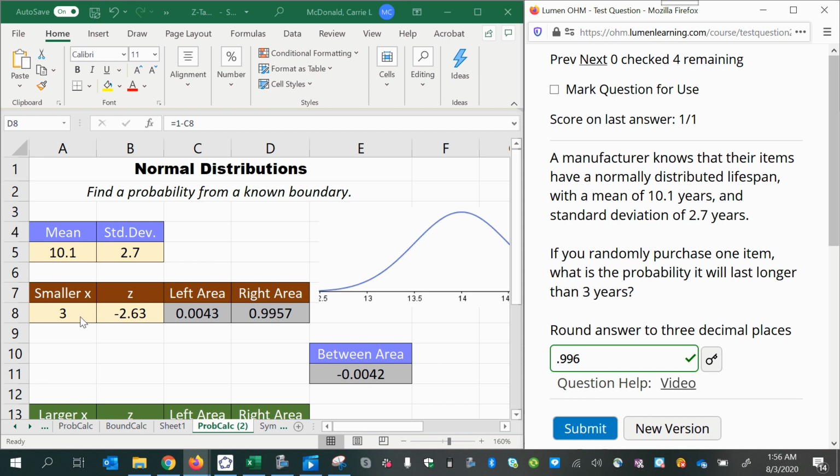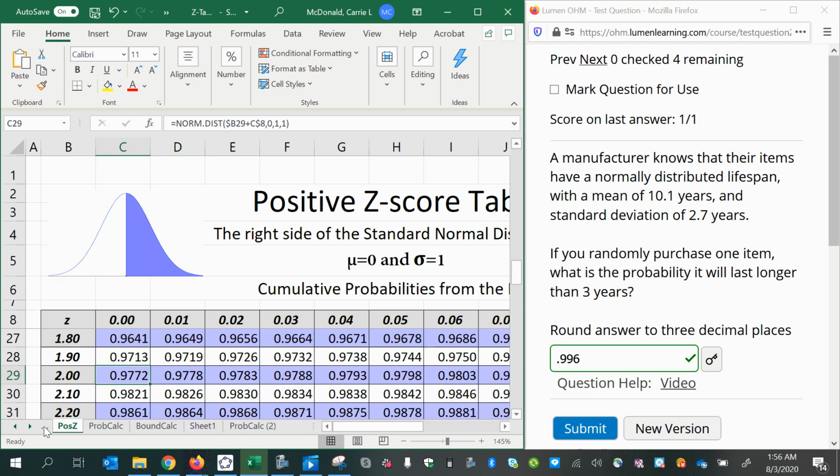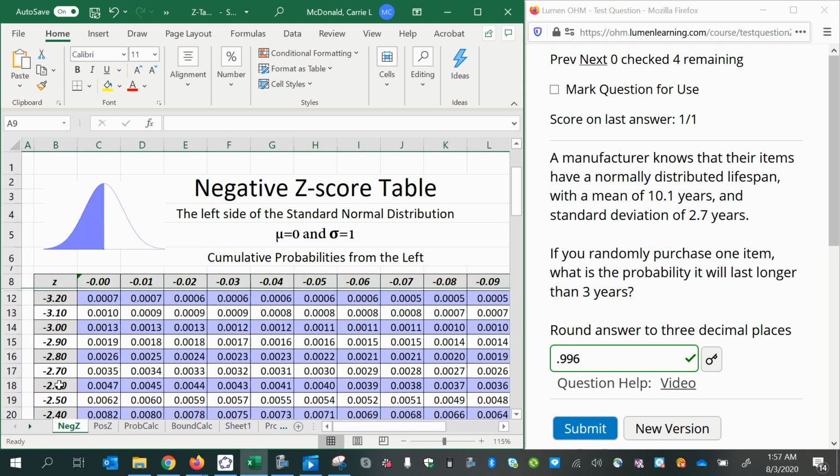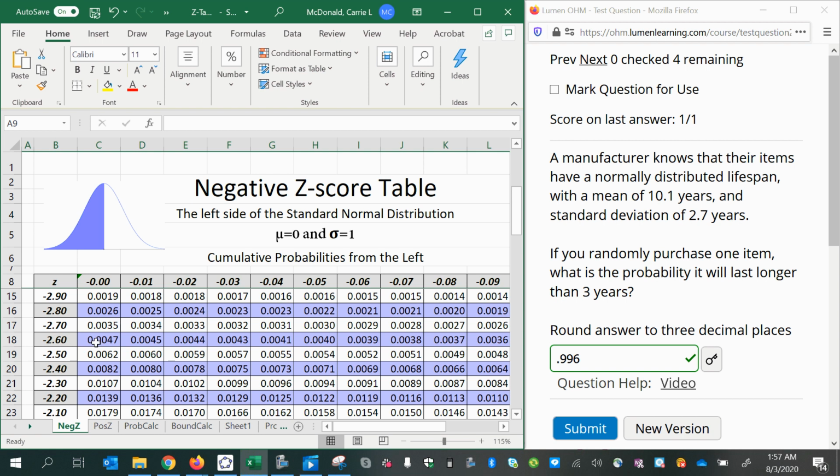Notice I could have gotten this by taking that z-score, negative 2.63, and looking it up in the z-table for negative z-scores. Negative 2.63 would give me this area. That area is to the left.